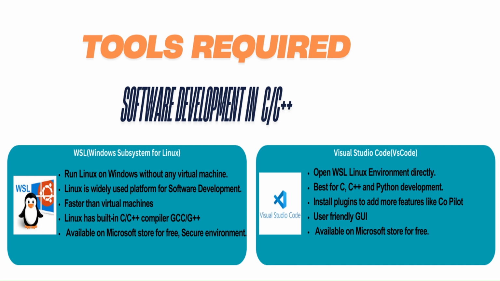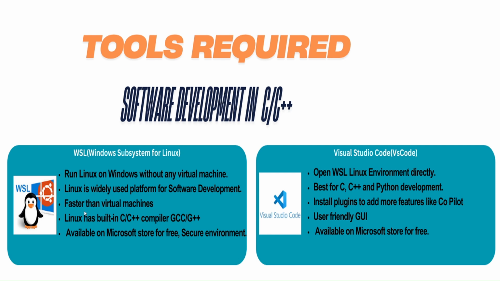If you look at embedded systems, automotive, artificial intelligence, or any kind of software, Linux is mostly used as the software development environment. So we will install WSL so that you can directly use the Linux platform on Windows.